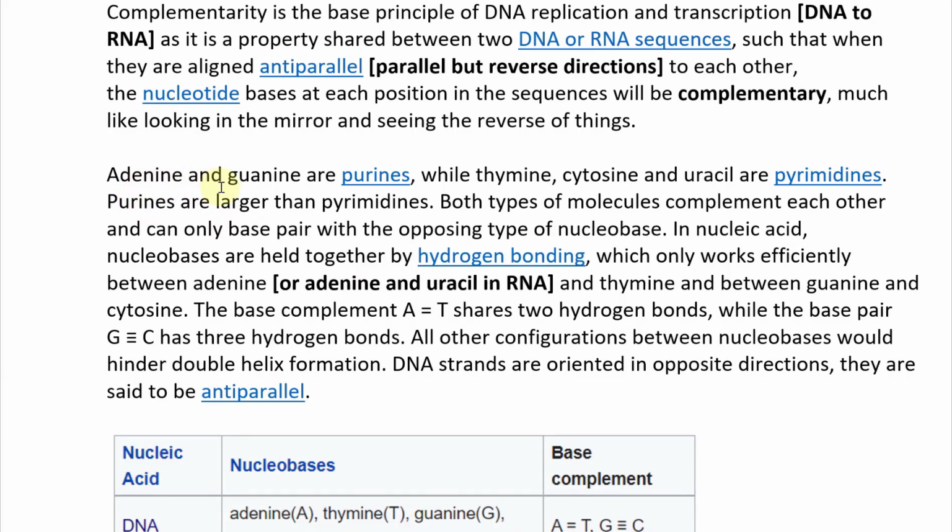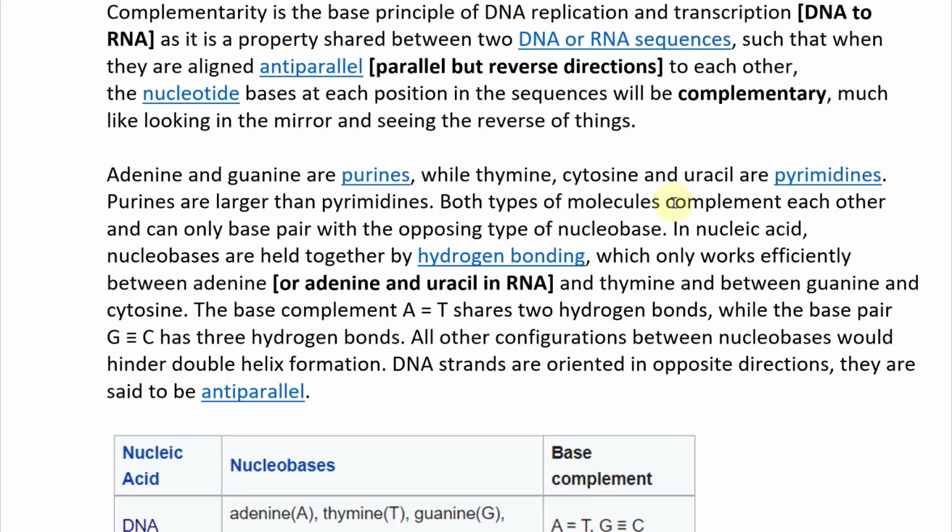So adenine and guanine are purines, while thymine, cytosine, and uracil are pyrimidines. Purines are larger than pyrimidines, because pyrimidines have a simple ring structure, while these are the fused ones.